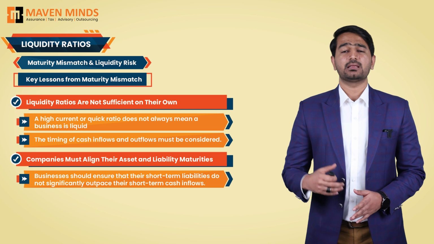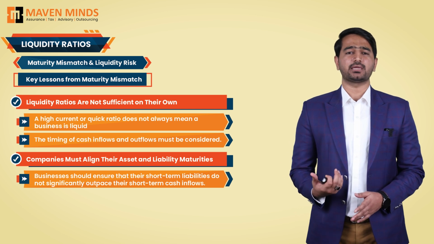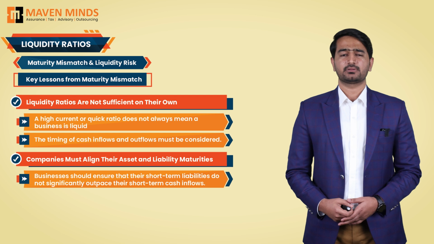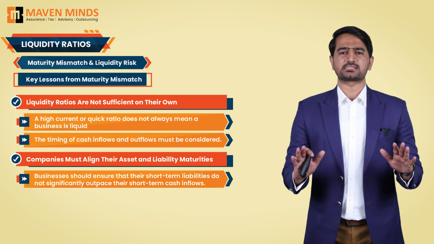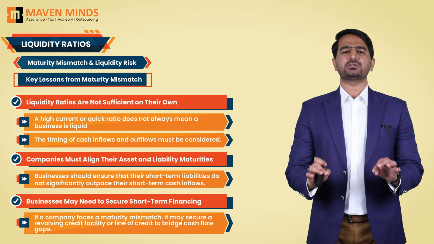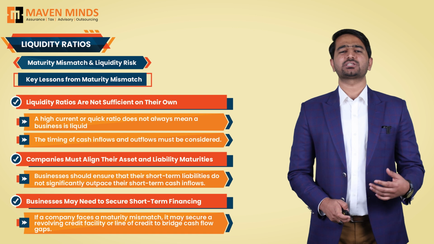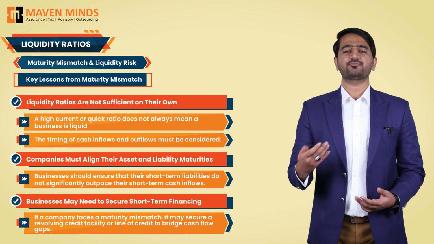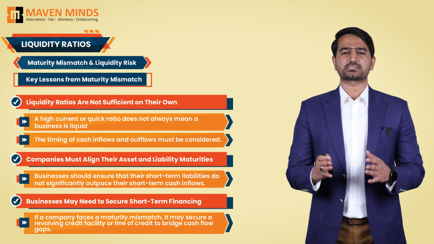They may negotiate better credit terms with the suppliers to align payment schedules with their revenue cycle. And if after doing all this, a company faces a maturity mismatch, it may secure a revolving credit facility or line of credit to bridge the cash flow gap.